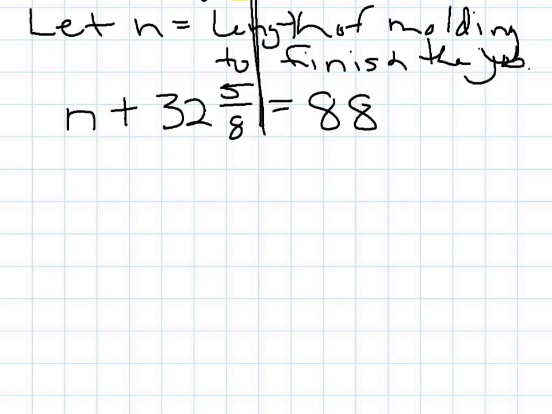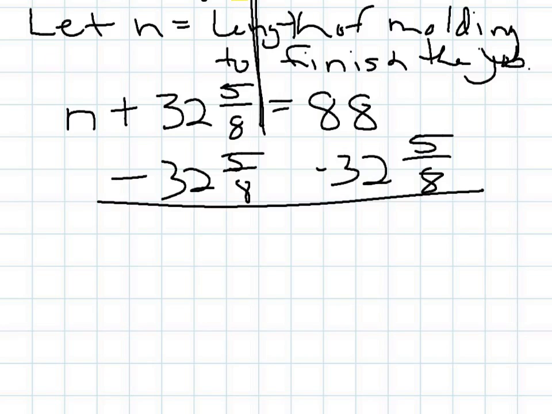Okay, since it's an addition problem, subtract 32 5/8 from both sides. And you can see here, this cancels. You end up with n equals. Here, I have nothing above the 5/8, so I need to put something there in order to be able to subtract. So what we're going to do is cross out the 88 and borrow 1. So that will make it 87.